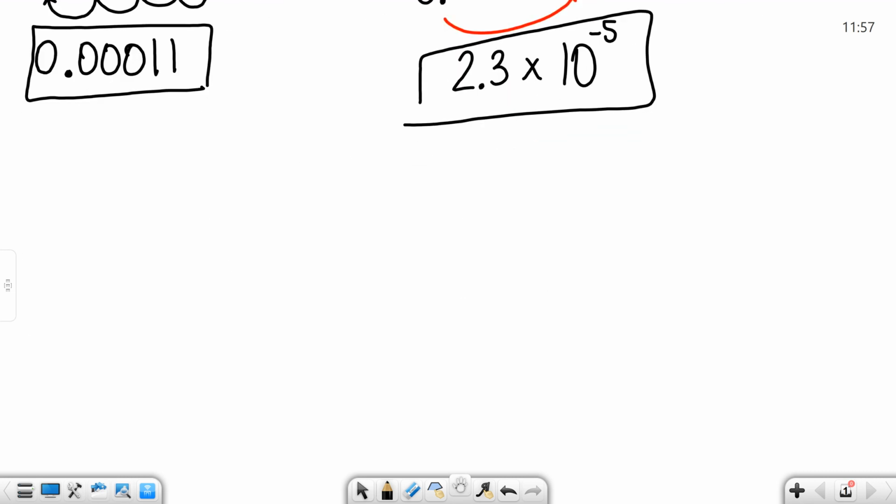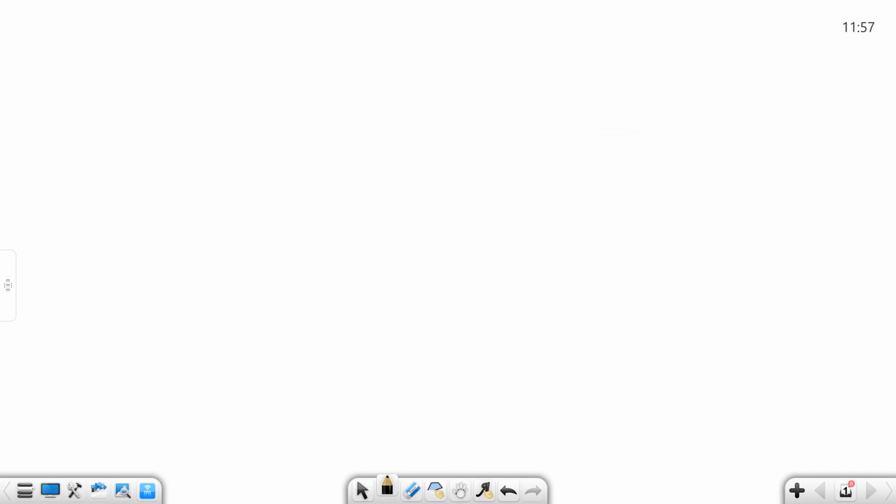Now, we can do all sorts of things with scientific notation. We can multiply them, divide them, raise them to a power, but it's not too difficult to do that.